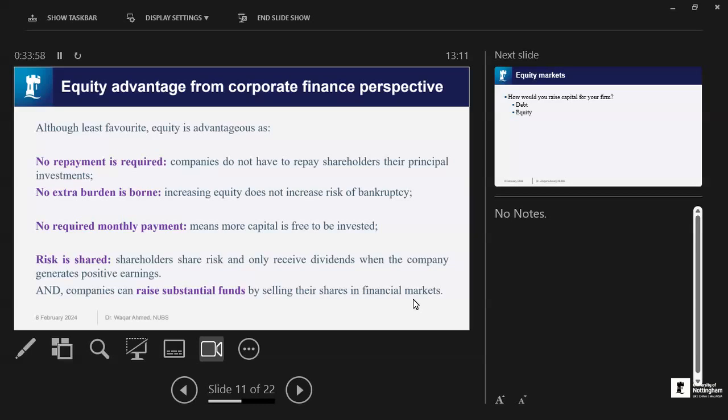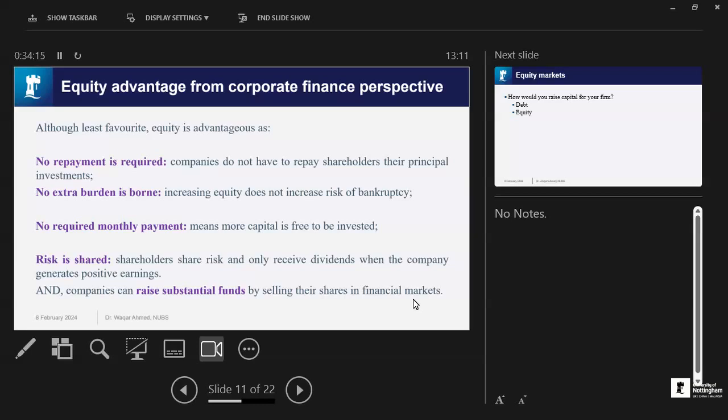And lastly, the risk is shared. Shareholders share risk and only receive dividends when the company generates positive earnings. Companies can also raise substantial amounts of funds by selling their shares in financial markets.